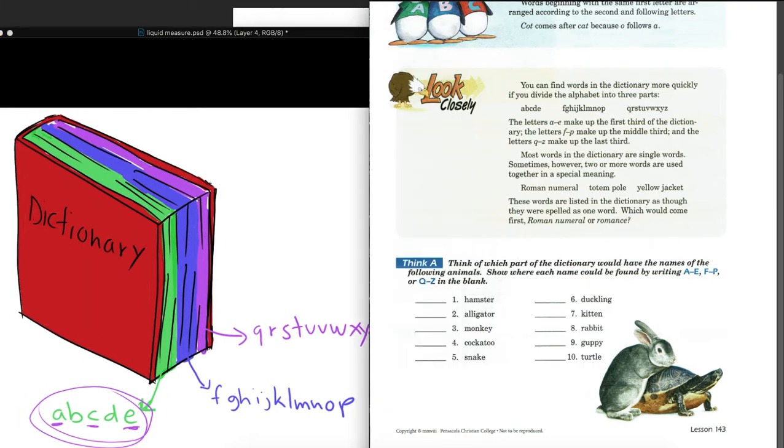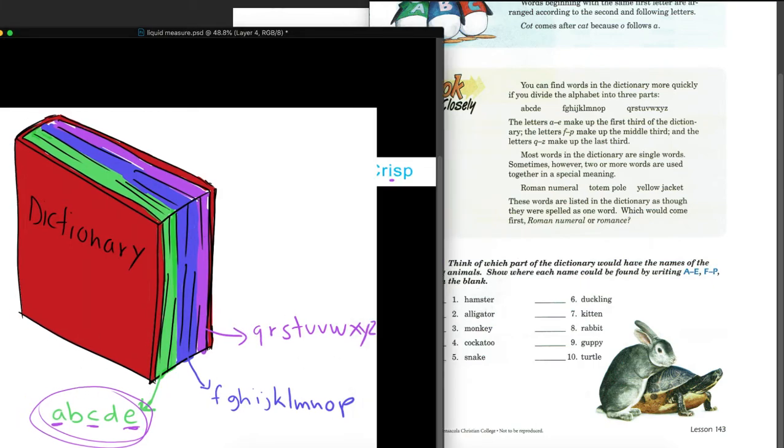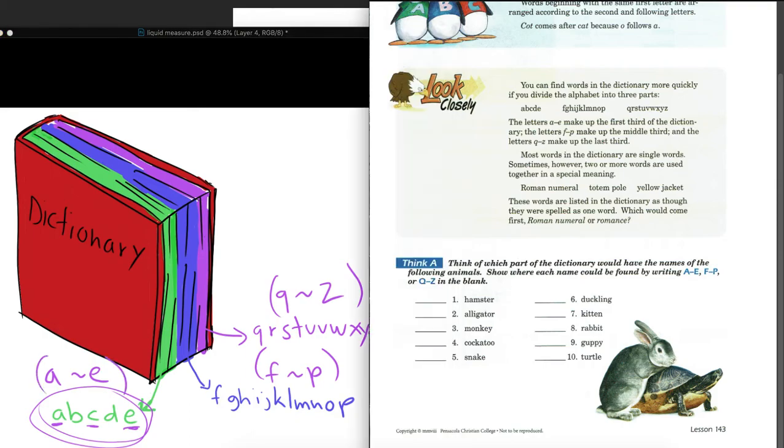So you can also think of these groups as A through E, F through P, and Q through Z. So it's asking us, hamster.